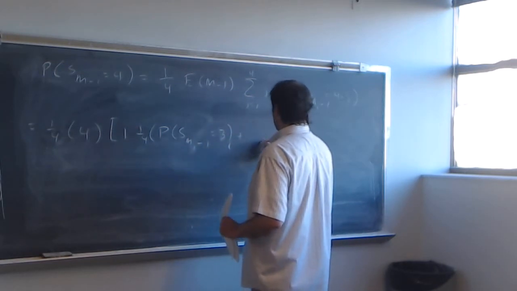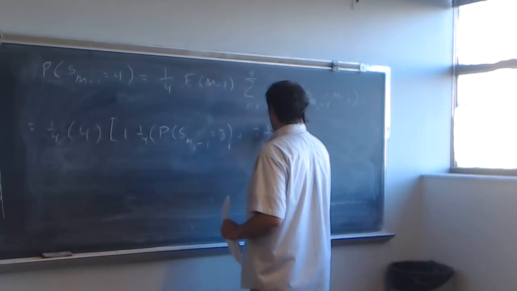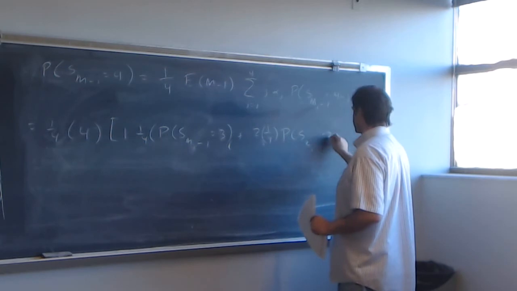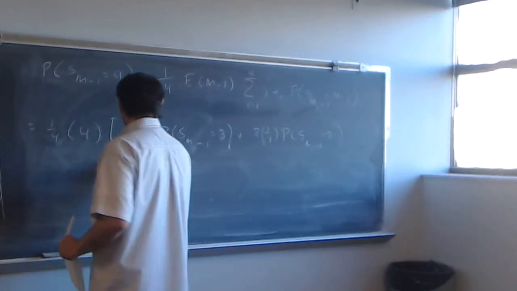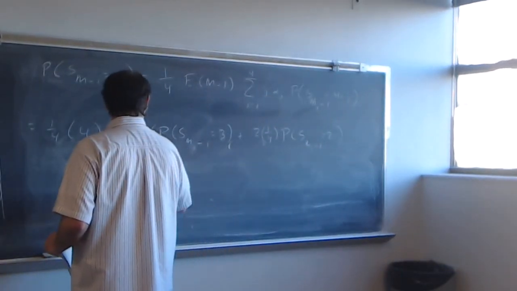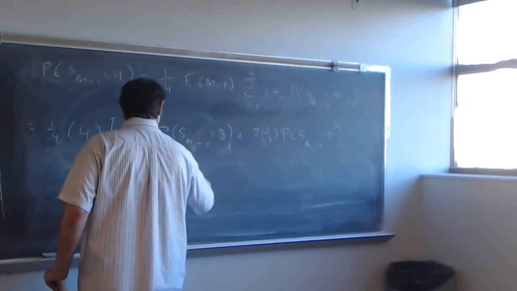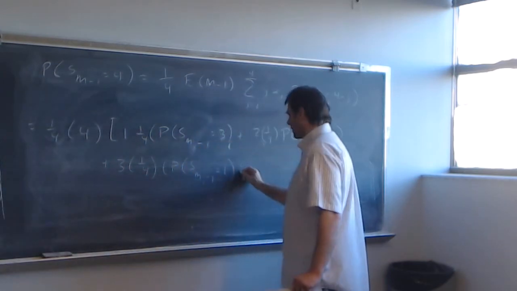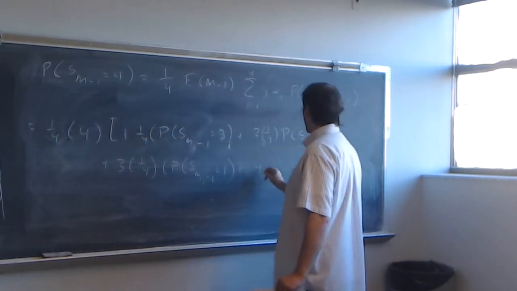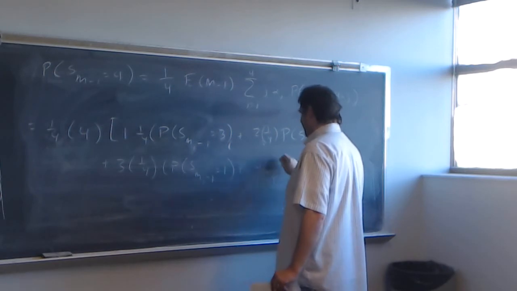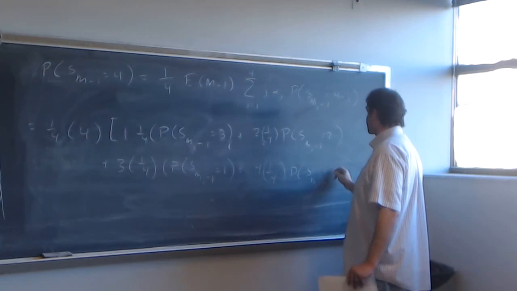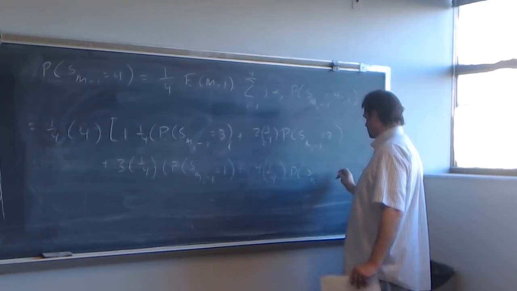Plus, this is going to be 2 fourths, 2 times 1 fourth, times probability that S of M sub 1 minus 1 is equal to 2, plus, this is going to be 3 times 1 fourth, times the probability that S of M sub 1 minus 1 is equal to 1, plus, this is going to be 4 times 1 fourth, times the probability that S of M sub 1 minus 1 is equal to, this would be 0.